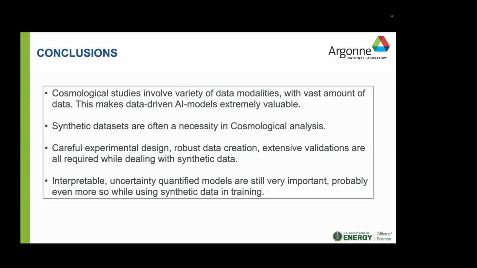Many of them have to do with how the physics is handled, or can we explain our results? What sort of uncertainty quantification do we have? But all this can only be possible if you have a very careful experimental design, very careful use of synthetic data, and a lot of validations.